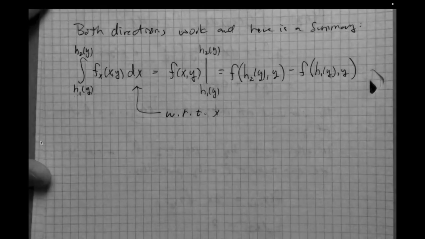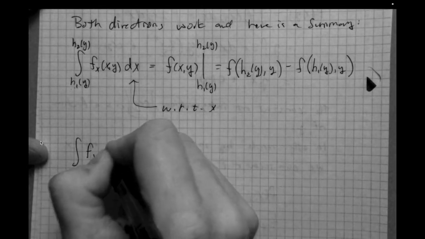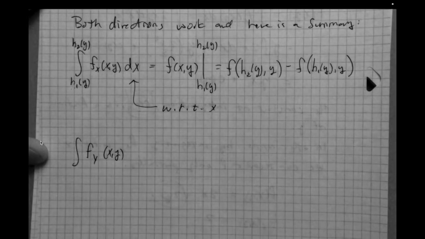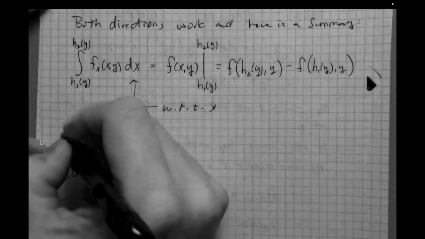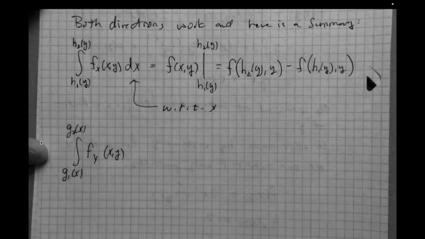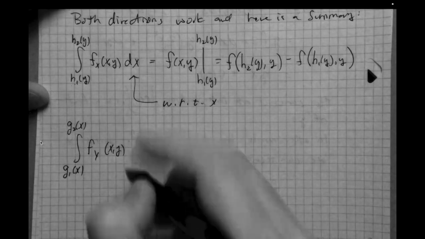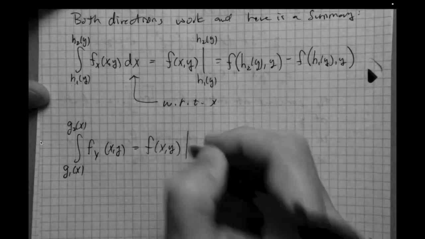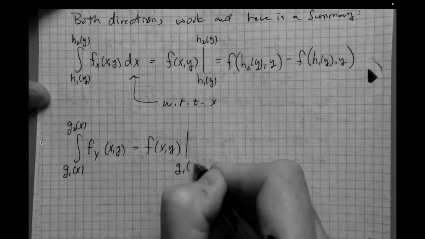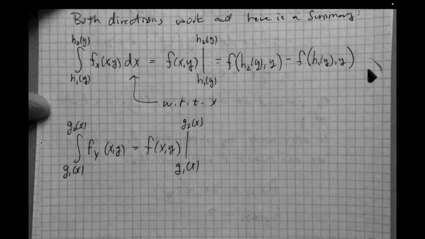Similarly, if I want to integrate with respect to y, I'm going to start with a partial with regard to y, and here I'm going to have two functions of x as my limits. Again, either or both of these could be constants depending on the setting. And so when I integrate that, I get back f of x, y, and I can evaluate that using the limits of the integration.